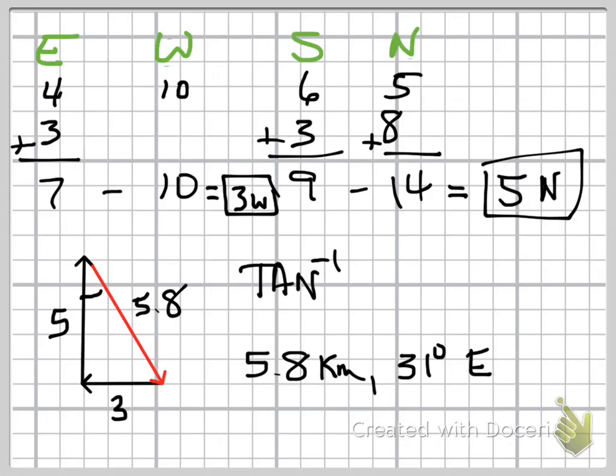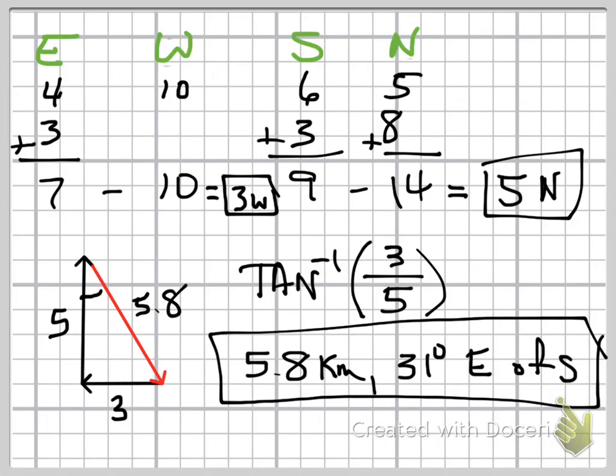Remember, anytime you're looking for an angle, you always use the second button first. And then it's going to be opposite over adjacent, so that's simply 3 over 5 to find that angle there. I'll confirm it. Yeah, so it comes out at 31 degrees, and it's east of south.